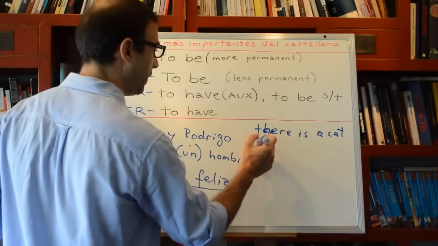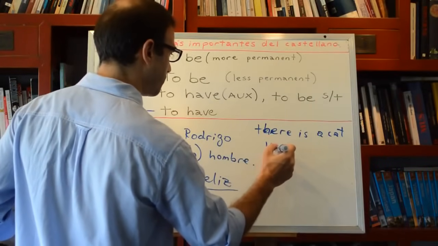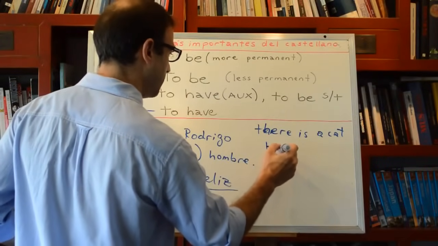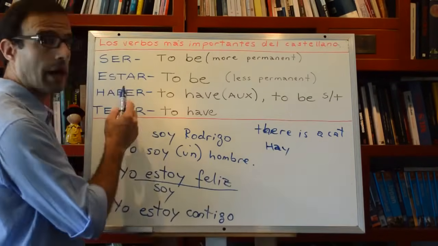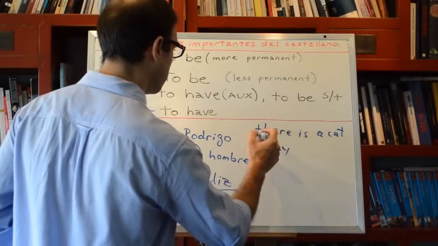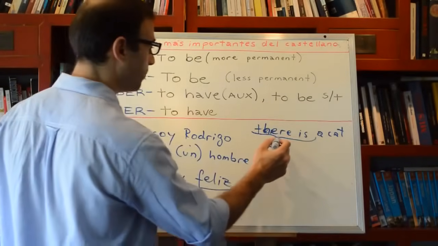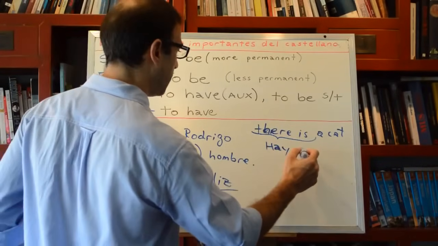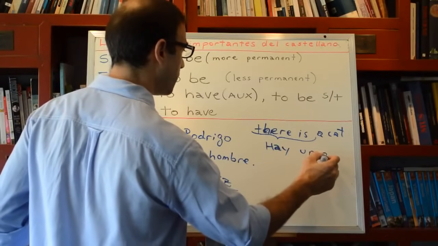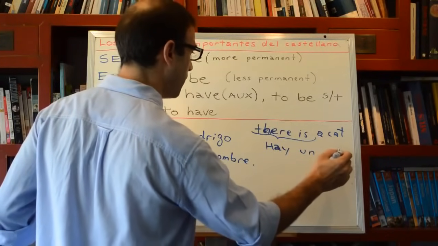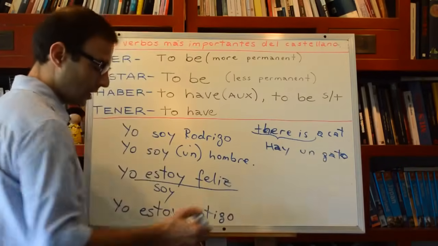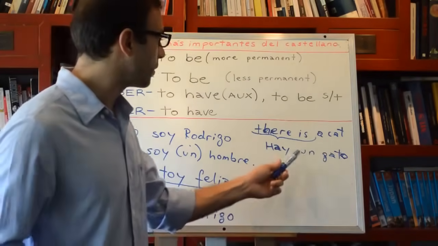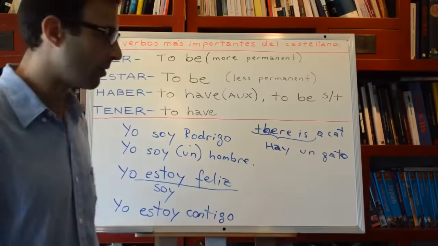I will say hay. Hay is a special conjugation of the verb haber. So there is, in Spanish we say hay. Hay un gato. Okay? So un is the indeterminate article a for masculine.